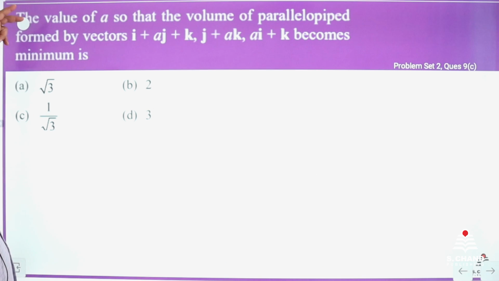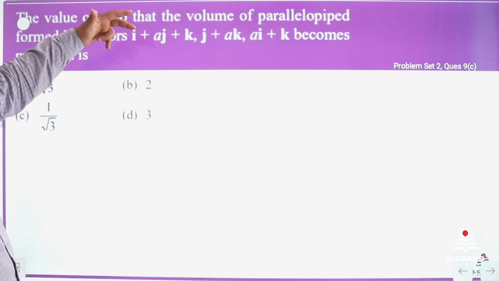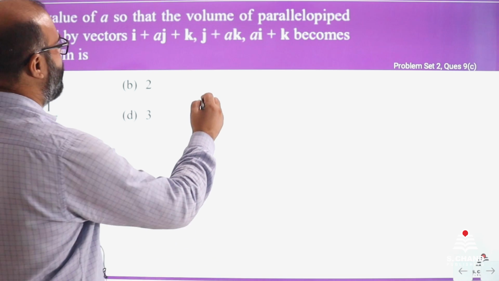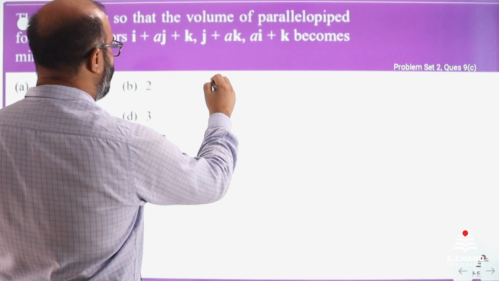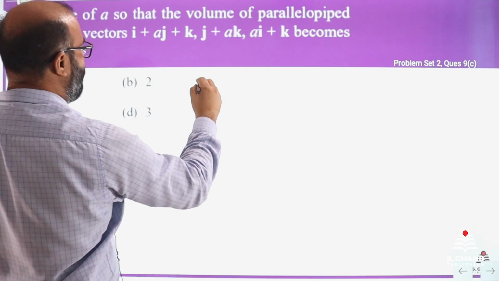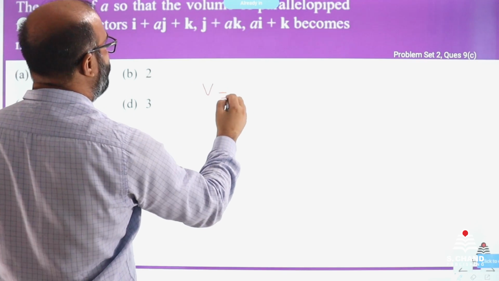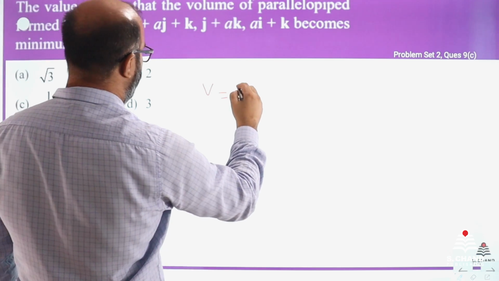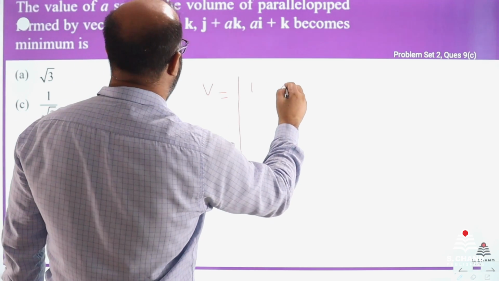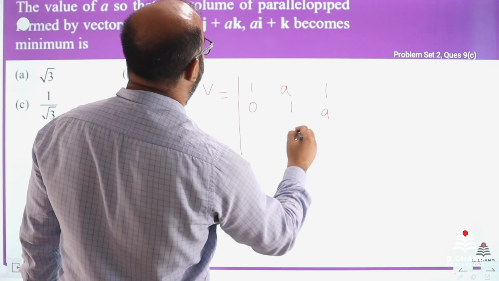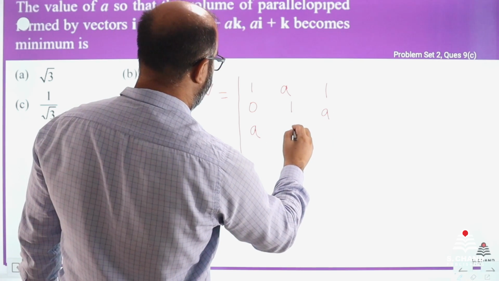So we have the next question: the value of A so that the volume of the parallelepiped formed by these vectors becomes minimum. What is the volume of the parallelepiped? It is the scalar triple product of these 3 vectors, that is 1 A 1, 0 1 A, A 0 1.